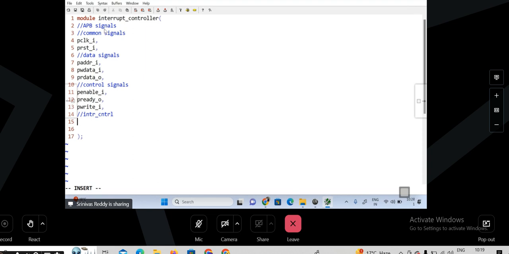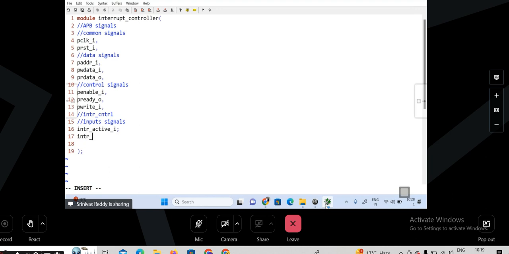Is it fine? Depth is equal to, what depth can I take? Let us take 16. Then what do I need to write? Parameter width. What is the width? Depth is 16 means there are 16 interrupts. Then what width can I take? 4.